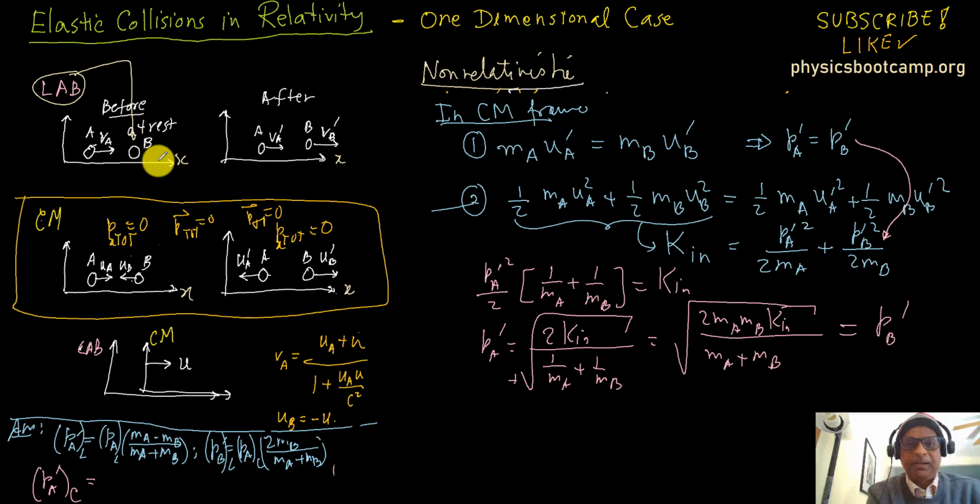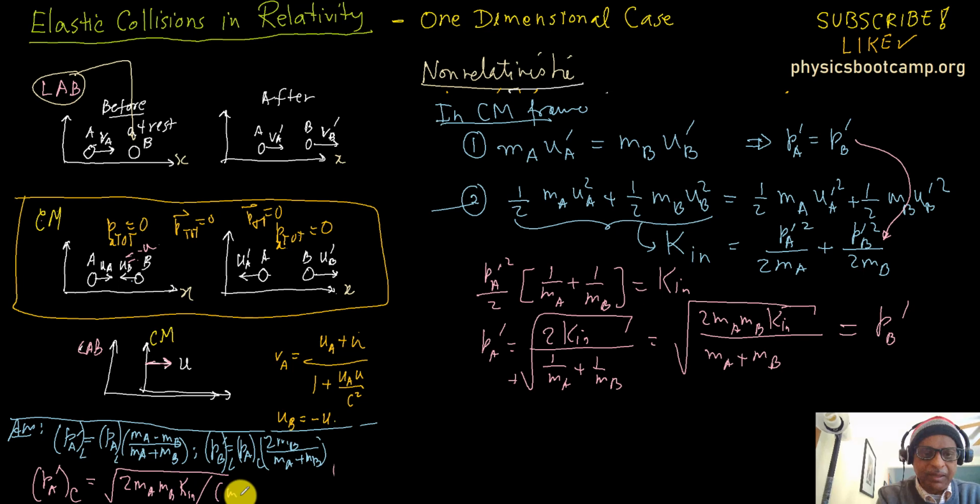So the CM is going at U and B is going at minus U. This must be equal to minus U because in the CM B is moving, but CM itself is moving with respect to the lab. In the lab, B is at rest. Okay, so let's just write down the answer here: 2 MA MB K in over MA plus MB.